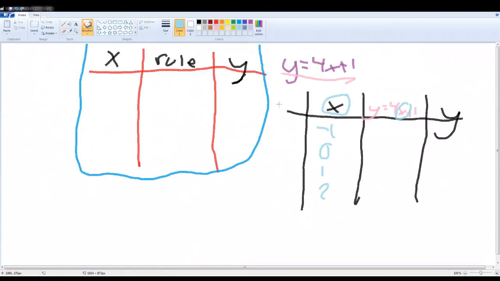On this line, don't worry about these numbers yet. Worry about this number right now. Just worry about the rule.